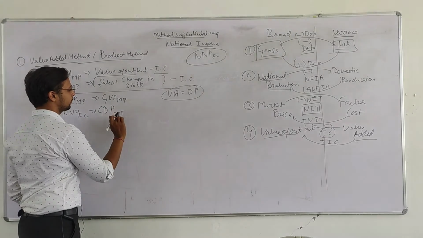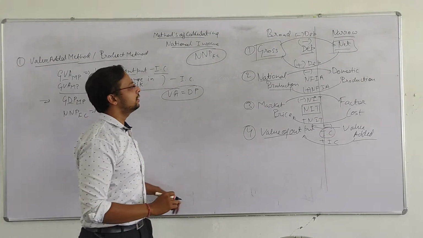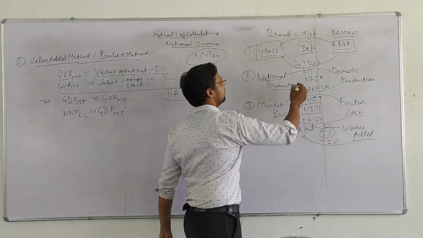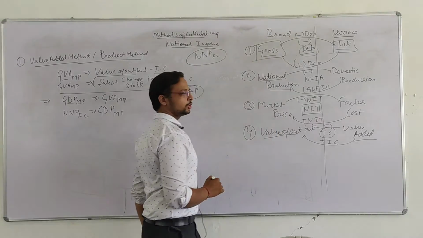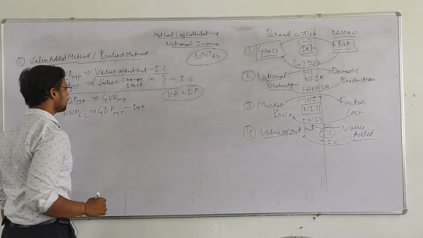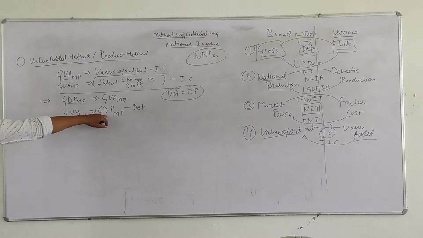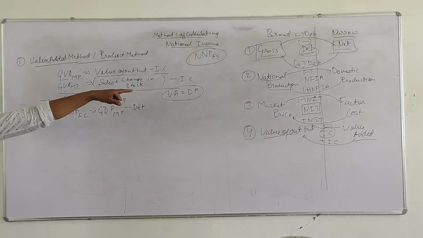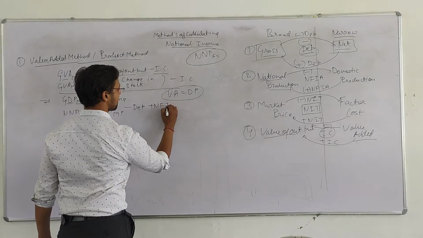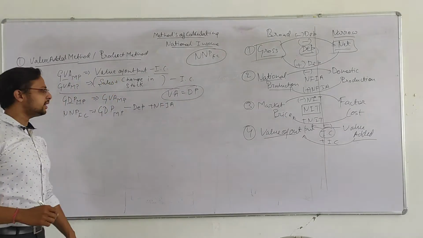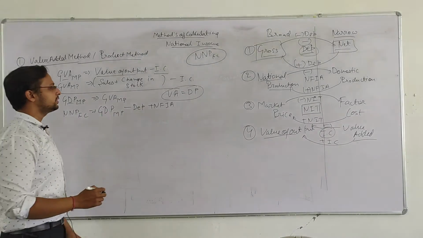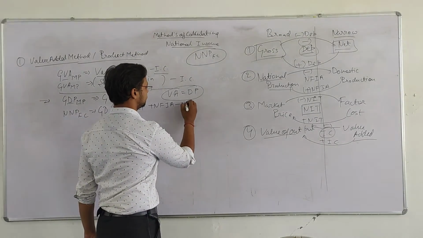Now, if we had to go from gross to net, what did we do? We subtracted depreciation. So we will reduce depreciation. For going from domestic to national production, we added NFIA, so we will add NFIA here. And for going from market price to factor cost, we will subtract net indirect taxes.